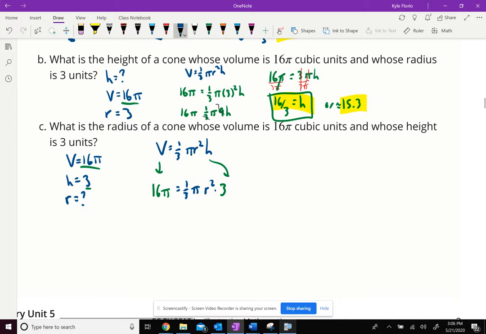So just plug in the information I know, and now we got to solve it. One thing that happens nicely here is 3 times a third is 1. The 3 over 3 cancel out. If I divide both sides by pi, those pi's will go away. So we get 16 equals, all that's left is r squared. And what's squared equals 16? Take the square root of both sides, and you get r equals 4.